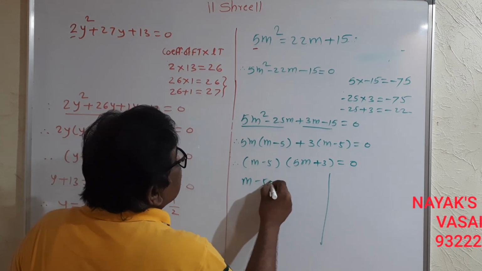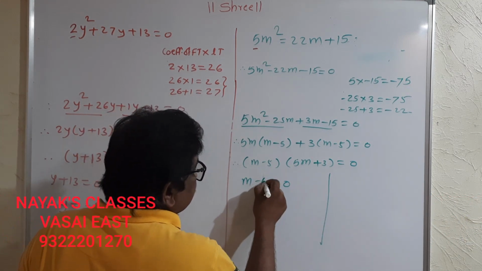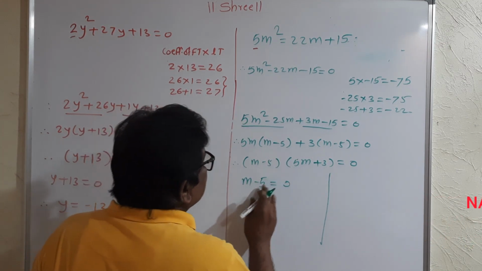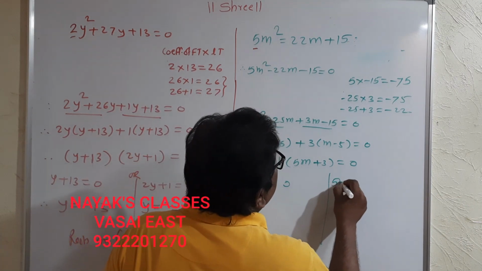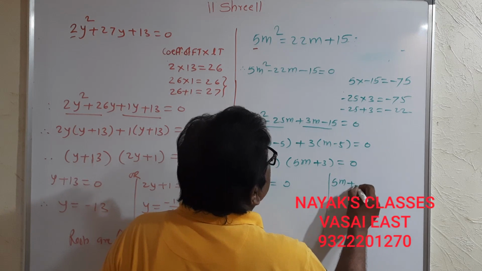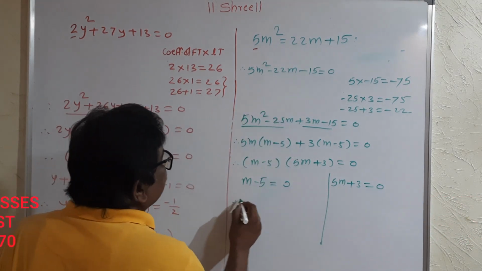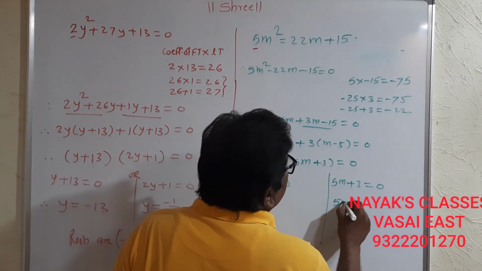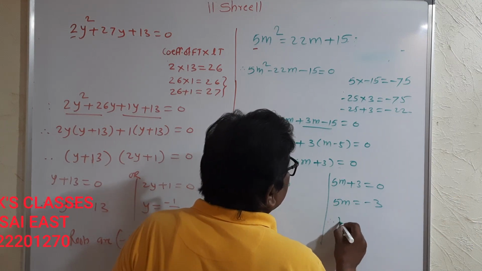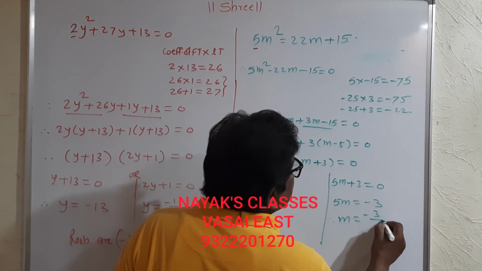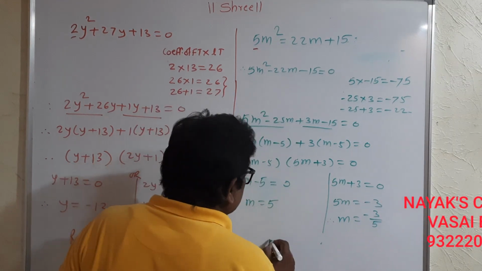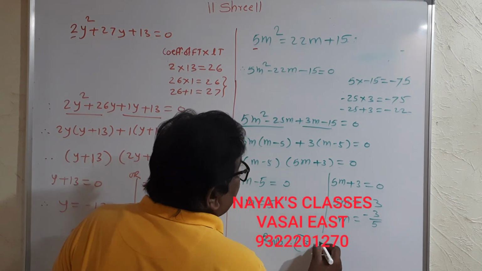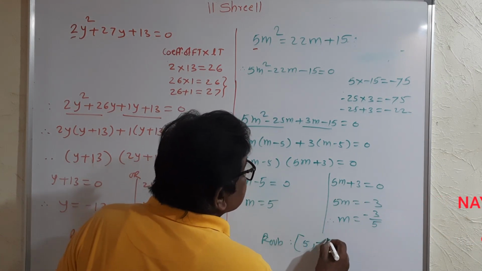So m minus 5 is equal to 0 or 5m plus 3 is equal to 0. Therefore, m is equal to 5 and 5m is equal to minus 3, so m is equal to minus 3 upon 5. So the roots are 5 and minus 3 upon 5.